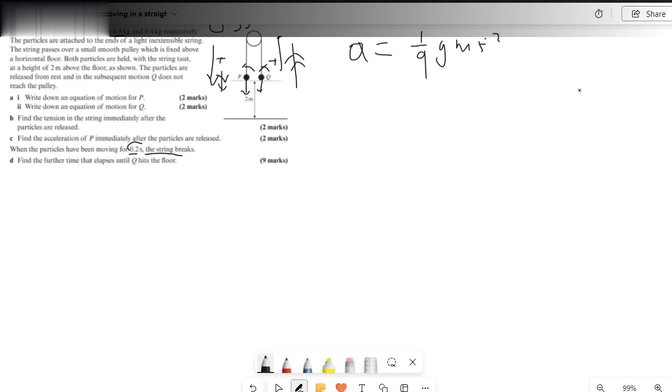0.2 seconds. So we can say that during 0.2 seconds, the particle Q moves a certain distance S1 for t equal to 0.2 seconds, using the acceleration of 1 by 9 G meters per second squared. And so we can find out the final velocity v at which Q was moving after the string broke.